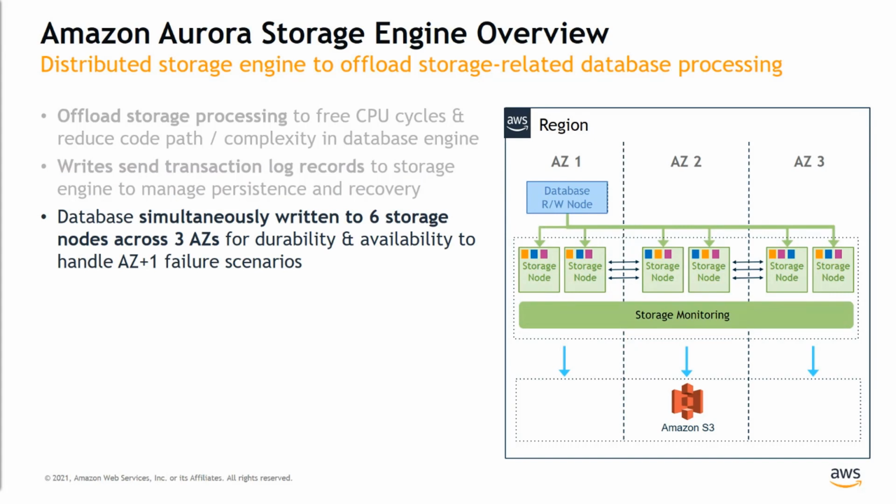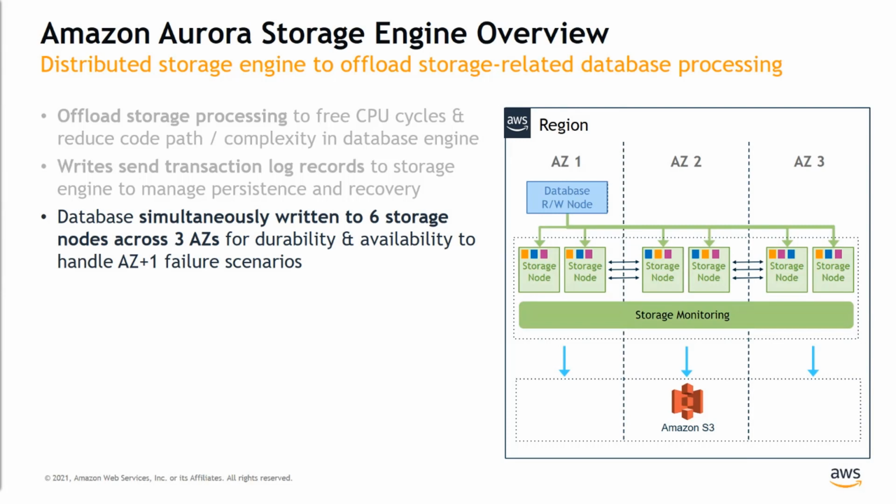For durability and availability, though, one of the biggest innovations is that the database simultaneously writes these updates, these inserts, to 6 different storage nodes across 3 availability zones. And we do that to ensure resilience and durability of your data. This allows us to handle what we characterize as an AZ+1 failure.